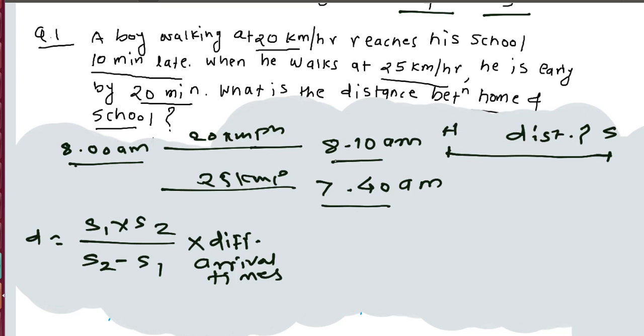Initially he was arriving at 8:10 a.m. Now he is arriving at 7:40 a.m. That means the difference between these two arrival times is 30 minutes.